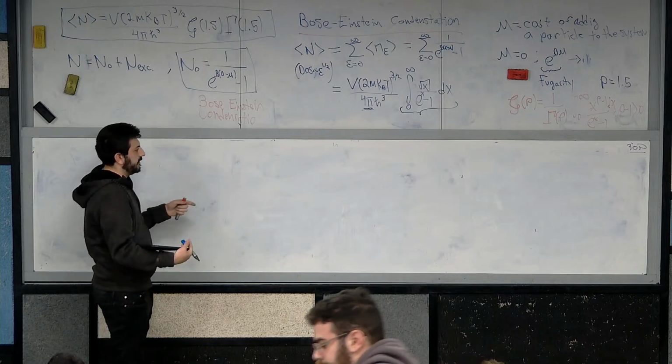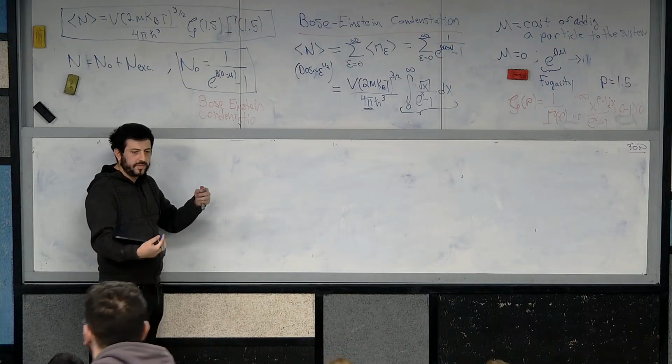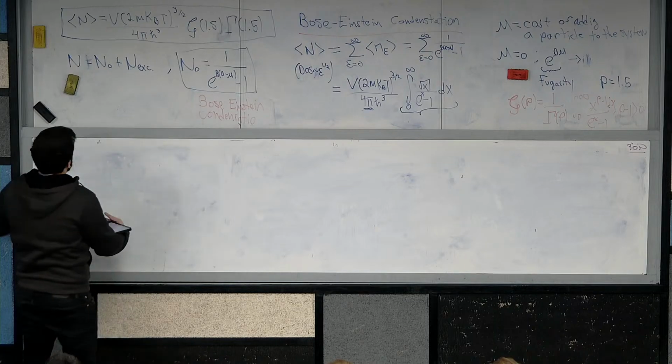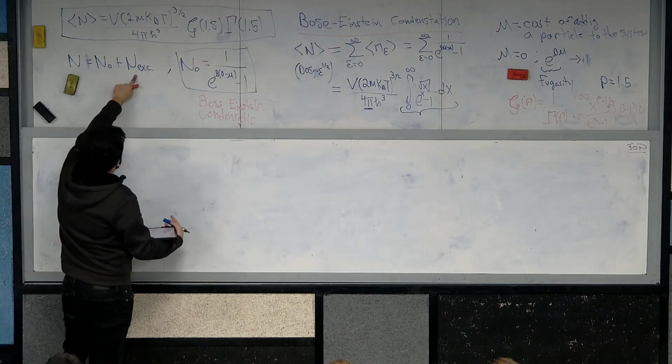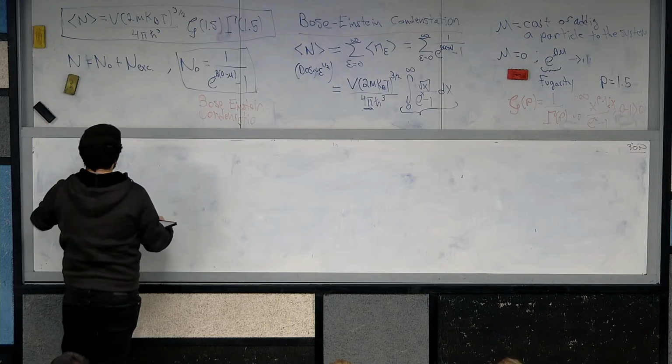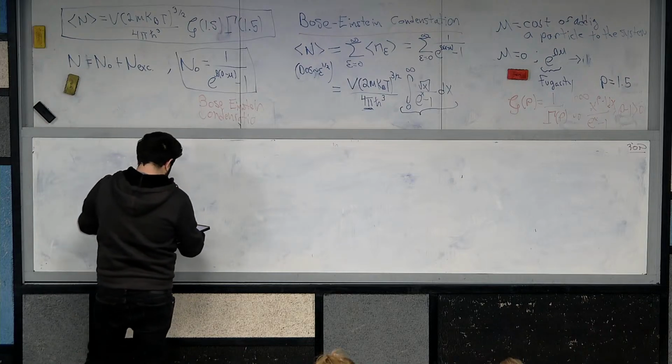And that's something that fermions cannot do, because two fermions cannot occupy the same state, right? Okay, so the idea is that we compute the number of particles at excited states, and we add by hand the number of particles at the ground state. Okay.